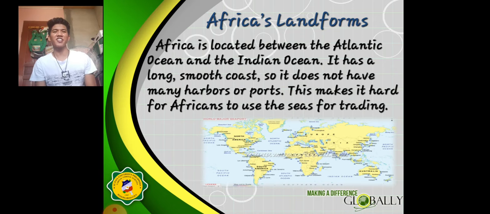Africa's landform. So we talk about Africa's landform. Africa is located between the Atlantic Ocean and the Indian Ocean. It has a long, smooth coast, so it does not have many harbors or ports. This makes it hard for Africans to use the seas for trading. During the time of Magellan, there was so-called barter.